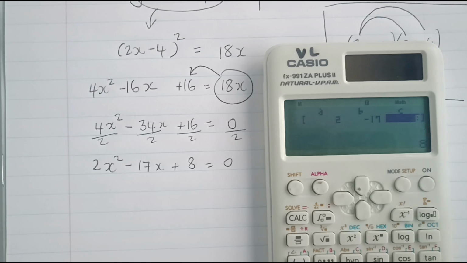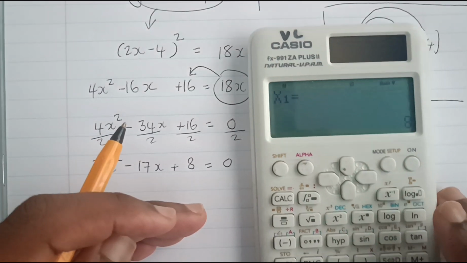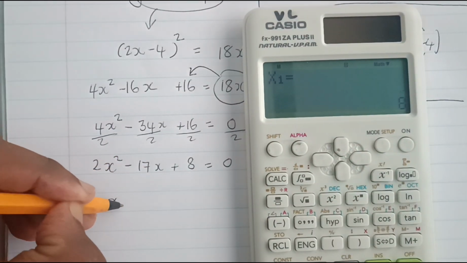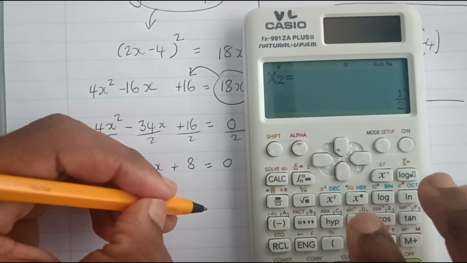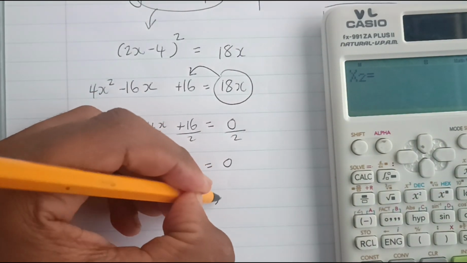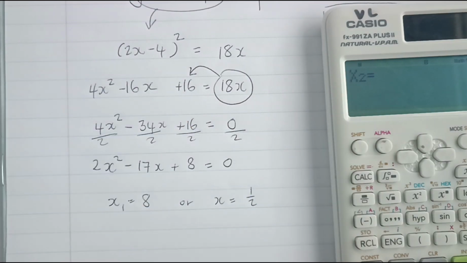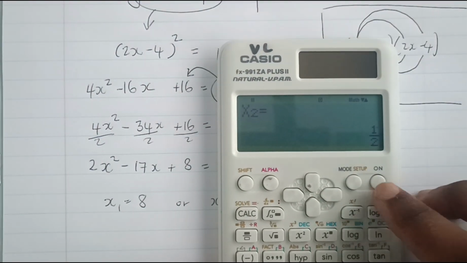If you do that, it will tell you that your first x value is 8 and your second x value is a half. All right, so nice cheat calculator there for us.